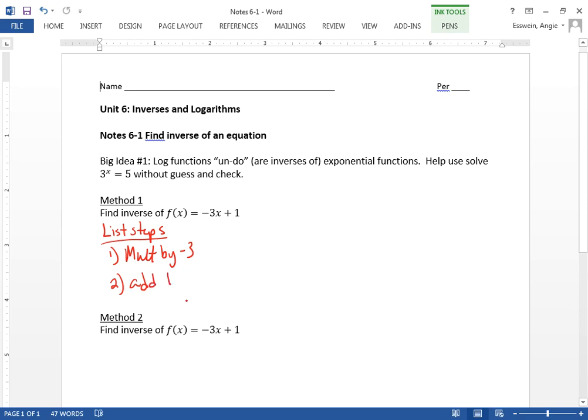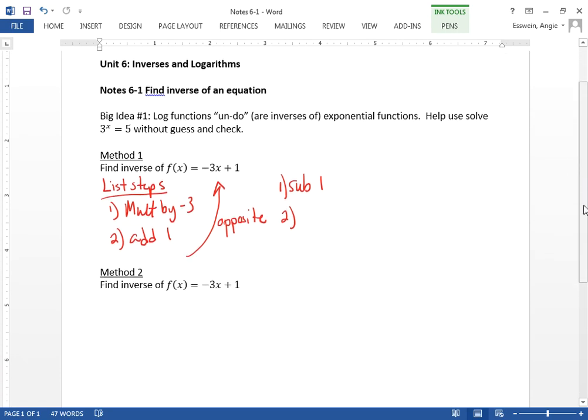So for the inverse, we do the opposite order and opposite operation. So we go backwards. So step number 1 is, instead of adding 1, we subtract 1. And instead of multiplying by negative 3, we divide by negative 3.